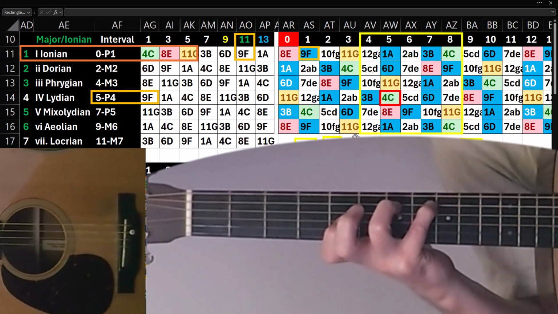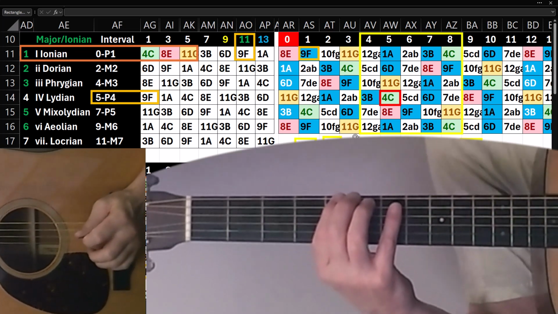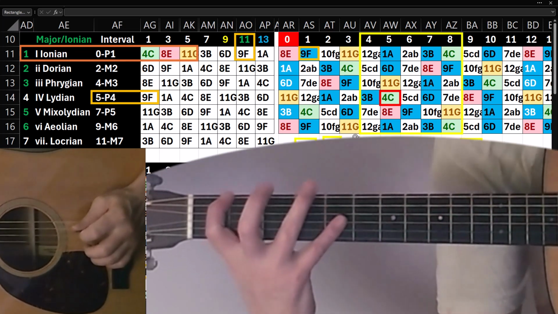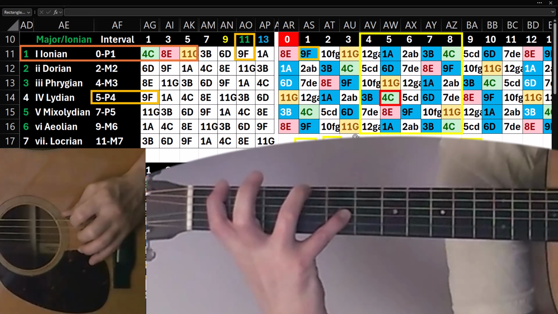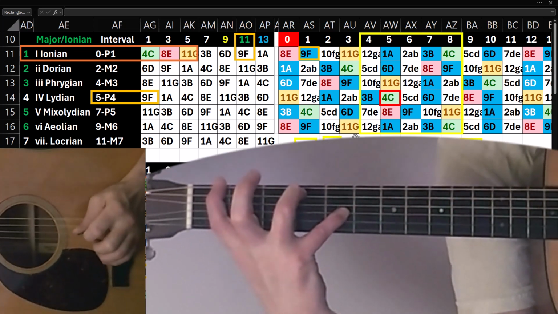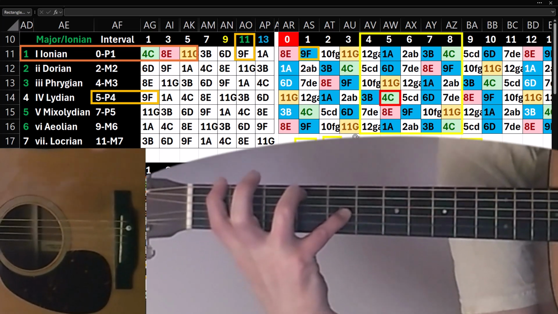So let's count that up here. -5, -10, -15. 15 minus 12 is 3. And then 4, 5, 6, 7. So if I went from top to bottom, that would be a 7-note-away perfect fifth. Bottom to top would be therefore a 5-note-away perfect fourth.